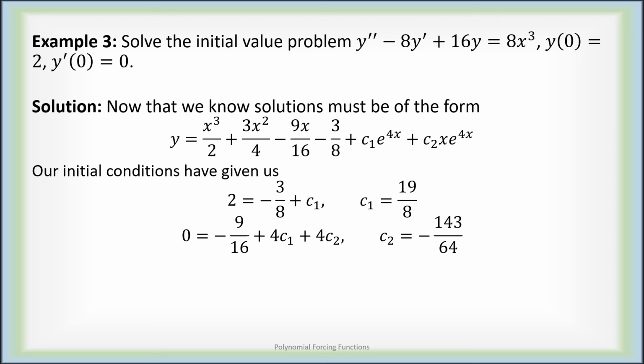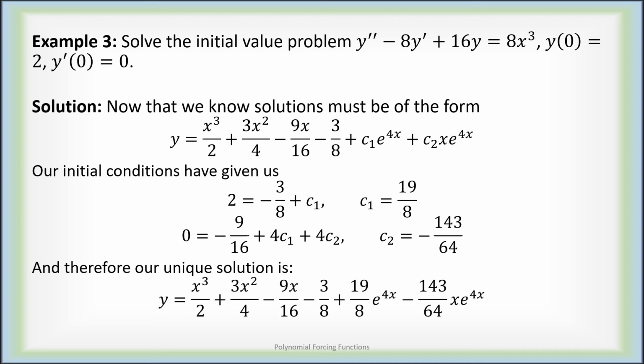Having found one particular solution and having solved for the coefficients c1 and c2 to use in our linear combination of our fundamental set of solutions, we now know the unique solution to our problem is given by that particular solution plus those particular constants for our fundamental set of solutions. X cubed over 2 plus 3x squared over 4 minus 9x over 16 minus 3/8 plus 19/8 e to the 4x minus 143 over 64 x e to the 4x.